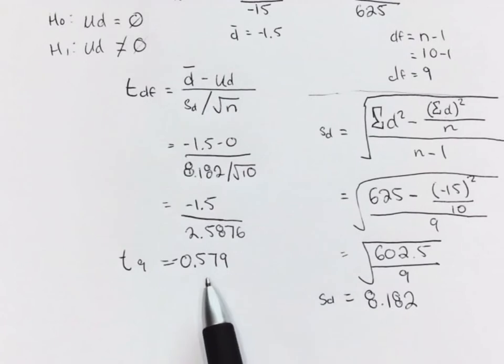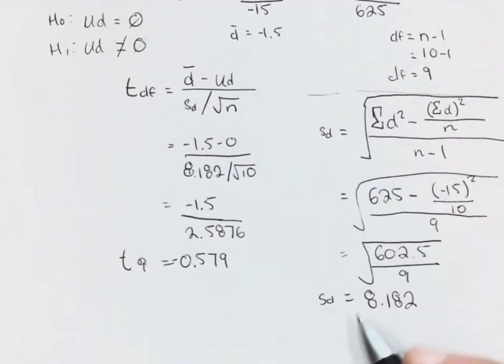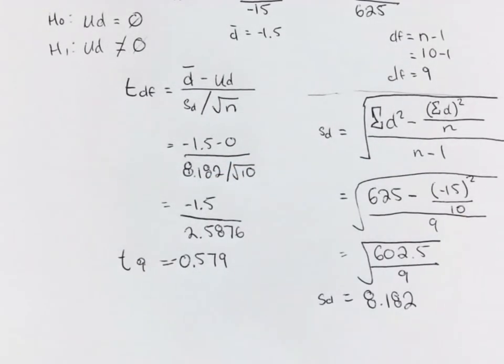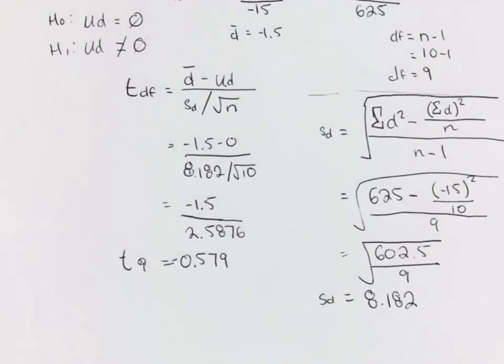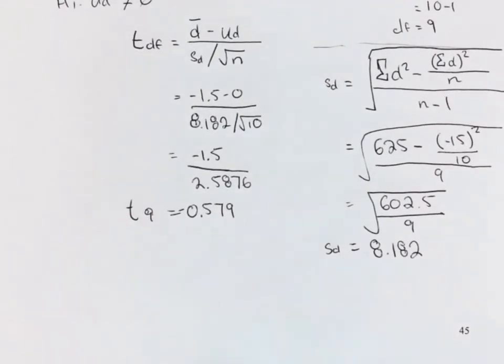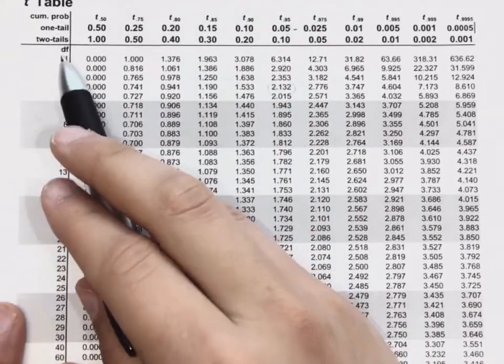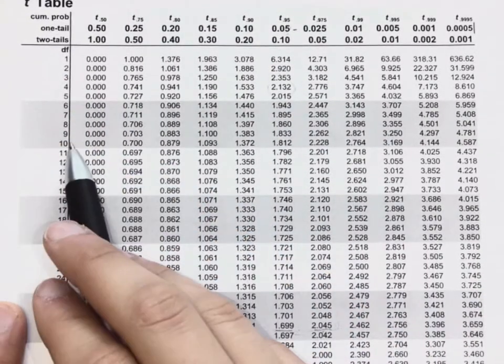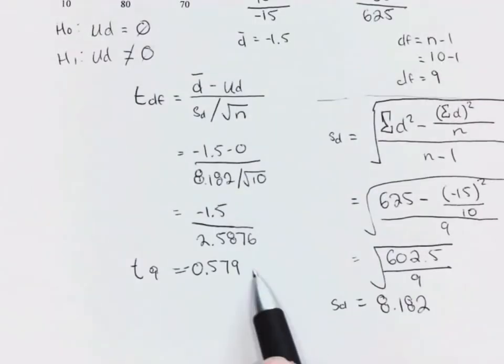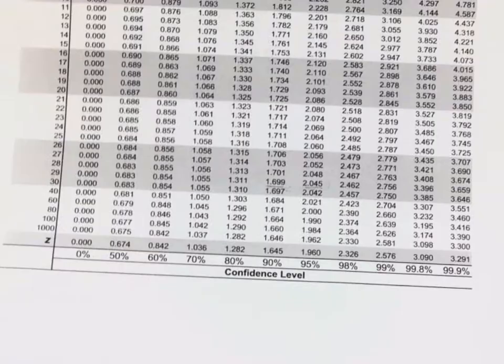Now one thing to note here is that we can make that positive when we check it. If you refer to our two-tails t chart here, we're going to use the two-tails amount. We're going to go to degrees of freedom 9, and we're going to be looking for 58%.